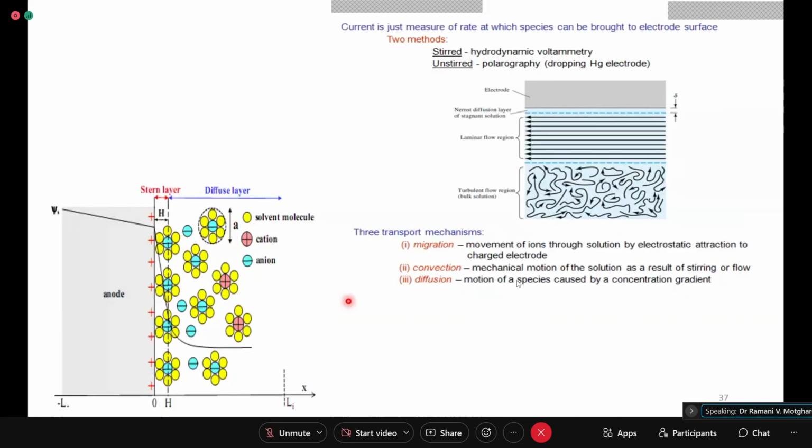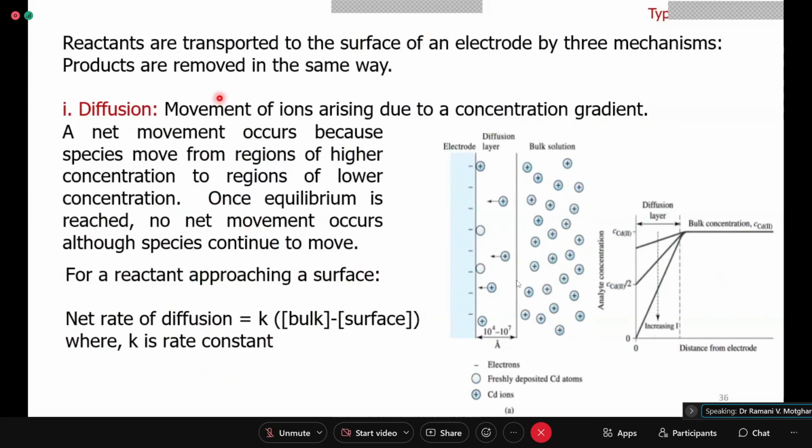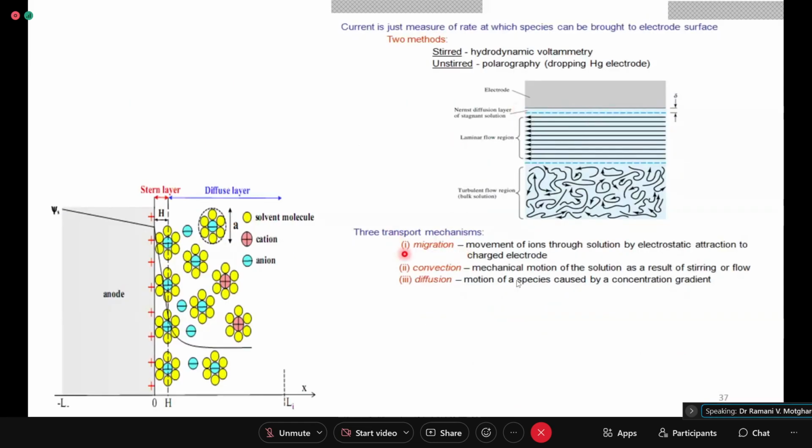There are three important steps occurring. One is migration, one is convection, and the other is diffusion. Diffusion is due to the concentration gradient, and migration is due to the potential applied. The migration of ions takes place due to the electrical field, the movement of ions through the solution by electrostatic attraction to the charged electrode.